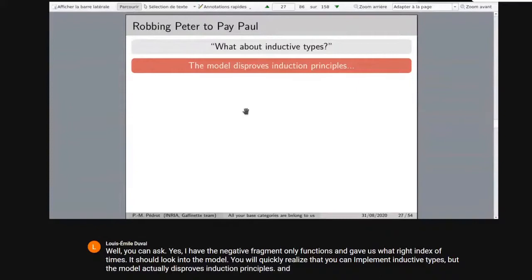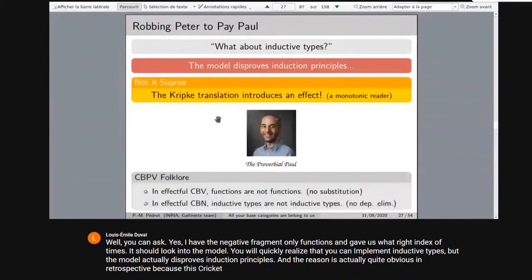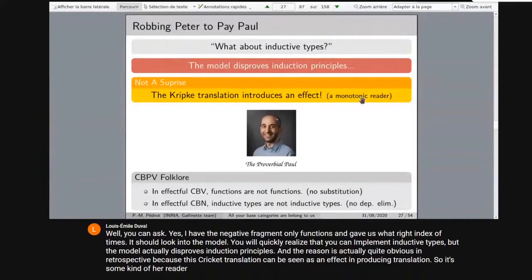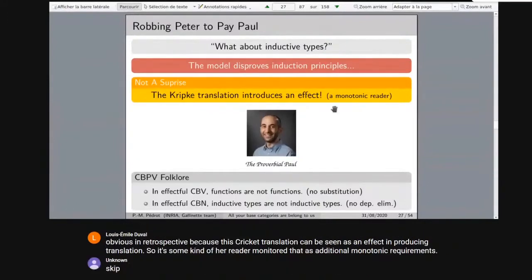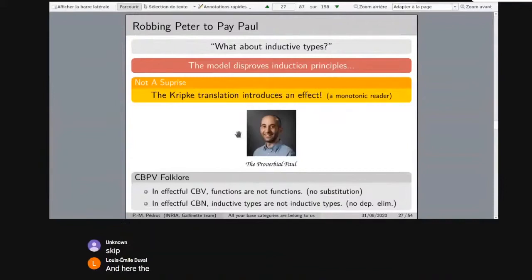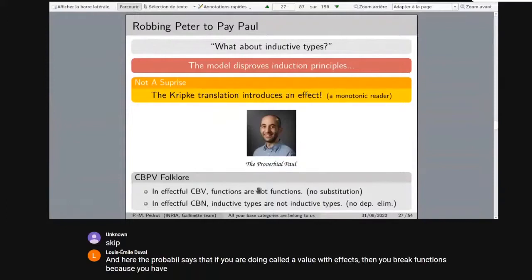And the reason is actually quite obvious in retrospect, because this Kripke translation can be seen as an effect-producing translation. So it's some kind of a reader monad that has additional monotonicity requirements. And here, the call-by-push-value paradigm says that if you're doing call by value with effects, then you break functions because you have restricted substitution to values.